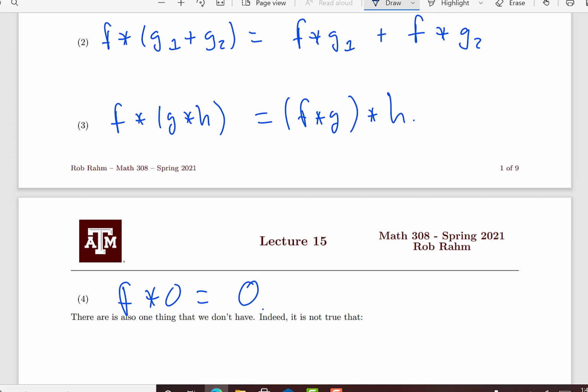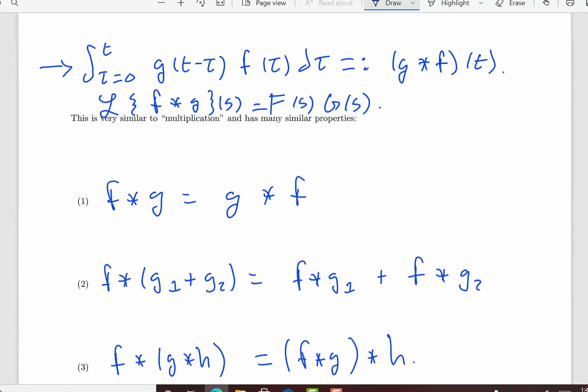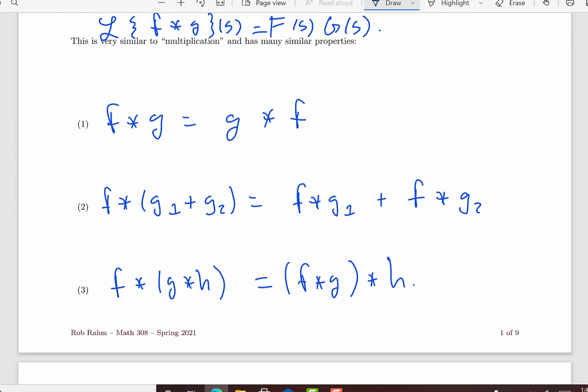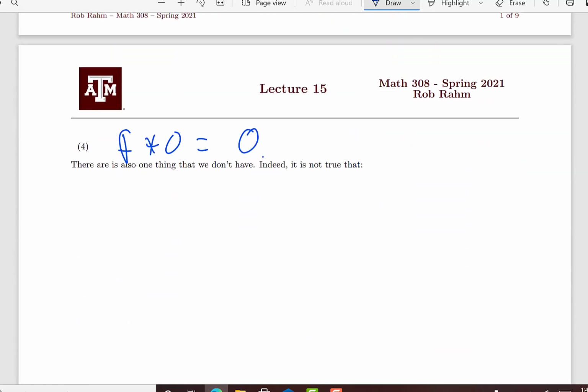When you convolve f with 0, it's just equal to 0. These are all very similar to multiplication properties, but there is one important multiplication property that convolution does not have, and that is the following. f convolved with 1 is not equal to f.